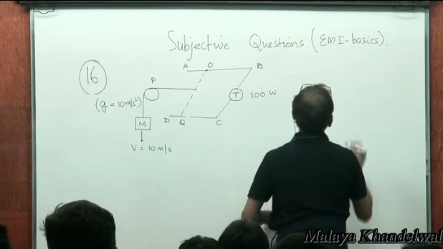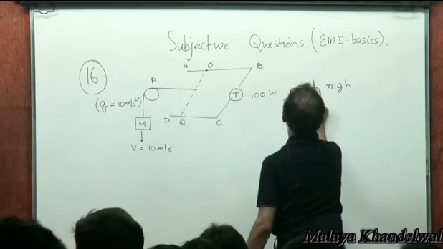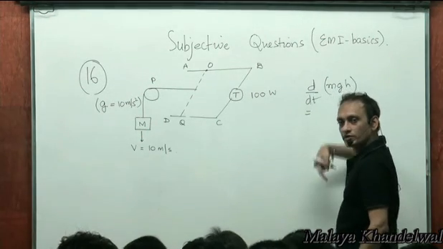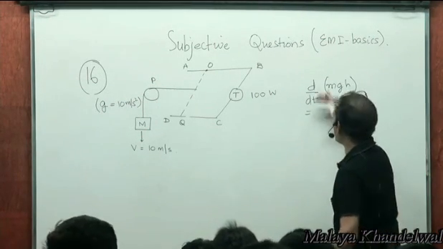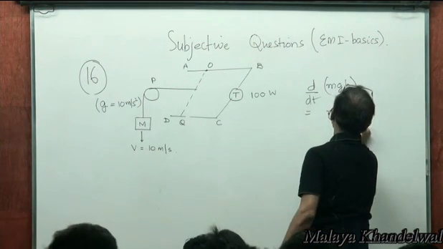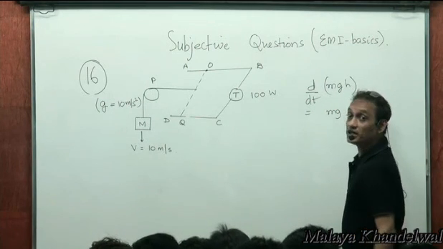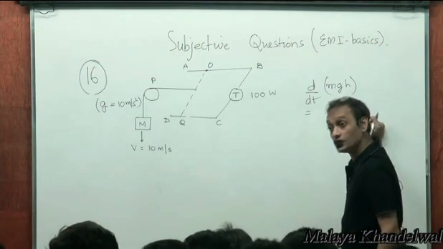Now, the rate at which potential energy, mgh, is lost is given by d/dt of mgh. When it falls through a height h, the loss of potential energy is mgh, and the rate at which it's lost then is mg dh/dt. But dh/dt is actually the velocity v of the mass.